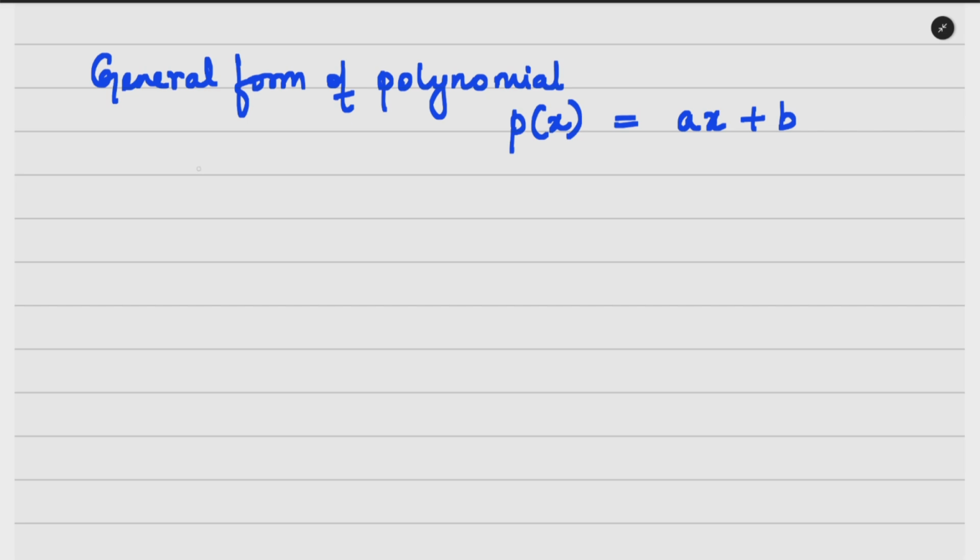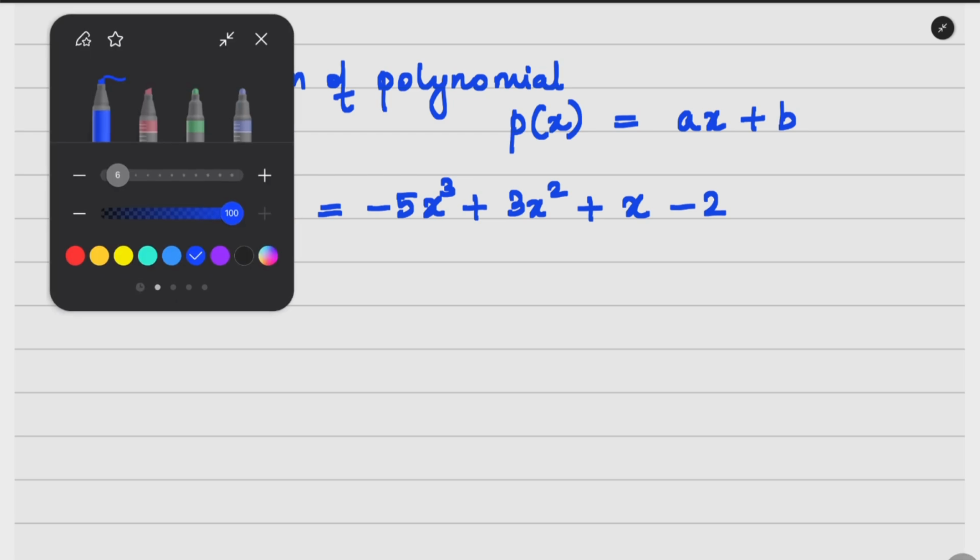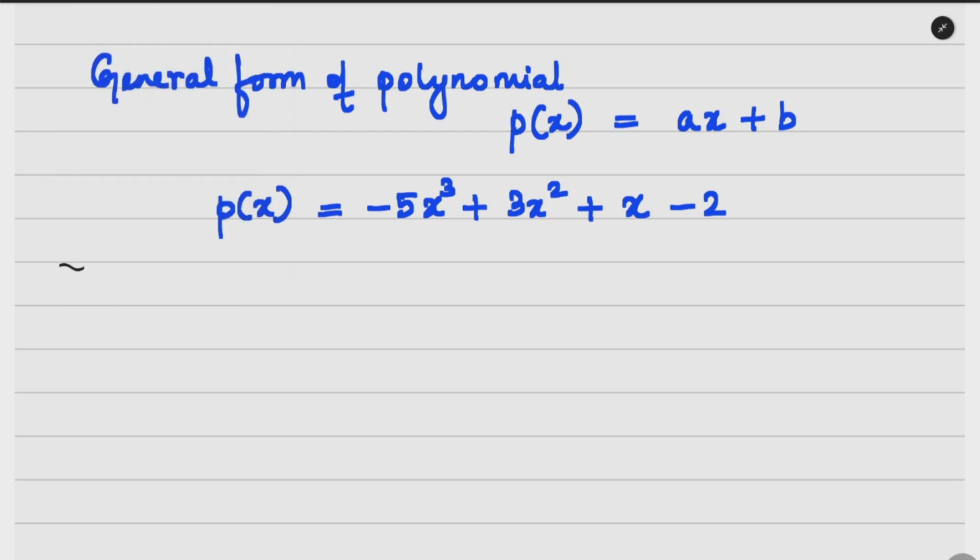Now, suppose you have p of x is equal to minus 5x cube plus 3x square plus x minus 2. Let us see a set of questions from this particular polynomial. The first question: is this a polynomial?